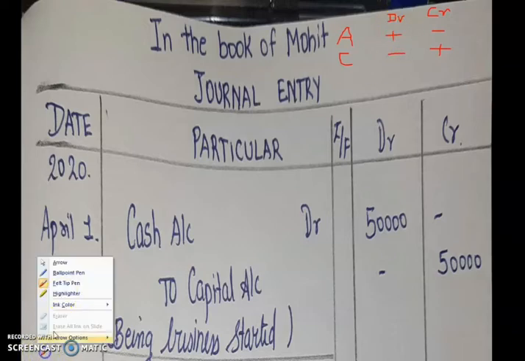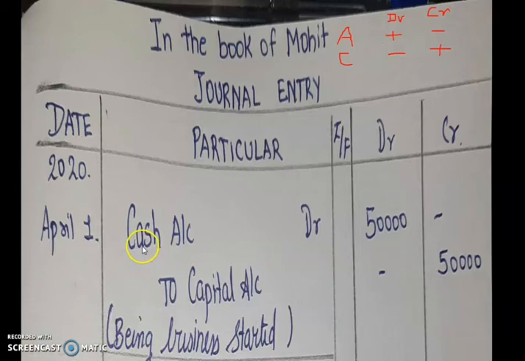So see what we have done with this journal entry. Because you have introduced cash in the business, cash has increased, so you have to write it on the debit side, 50,000. What about the capital? Capital introduced in the business means capital also increases. But what is the side for capital when it increases?